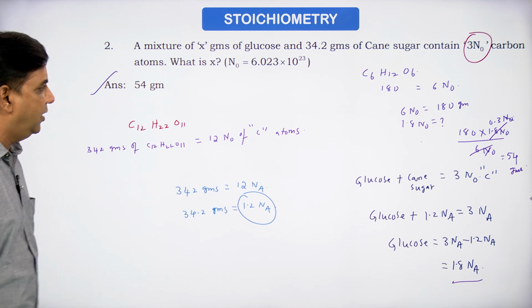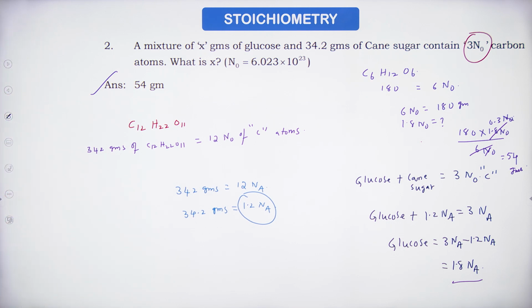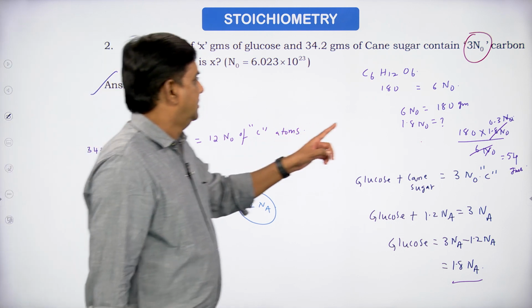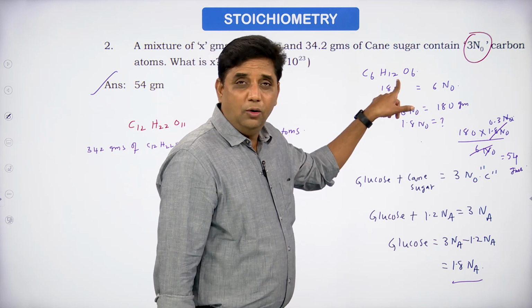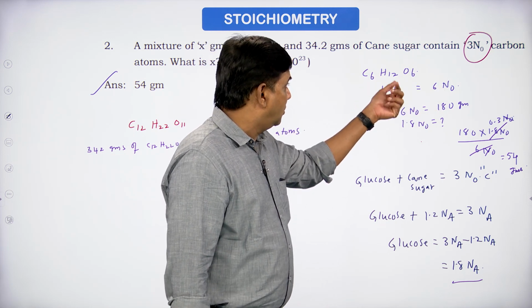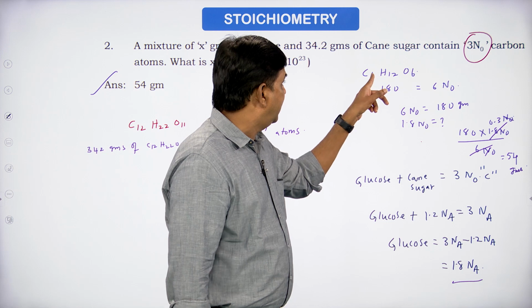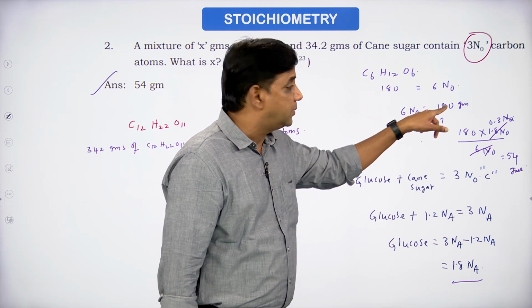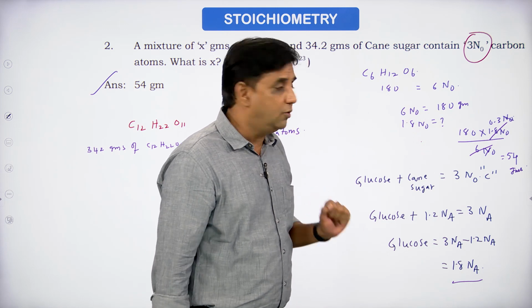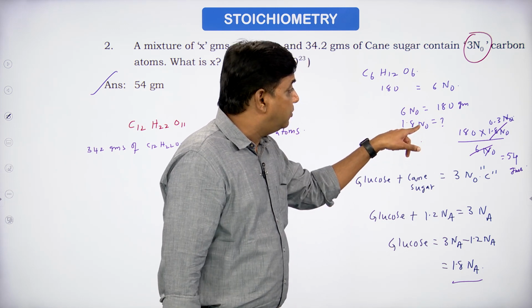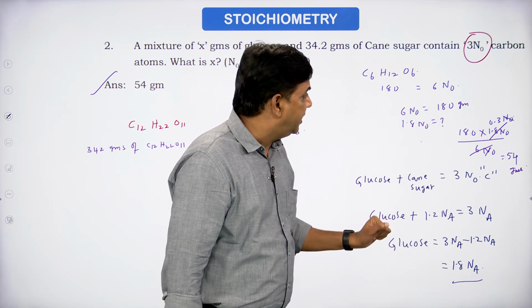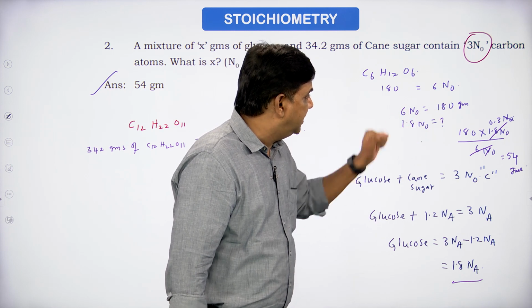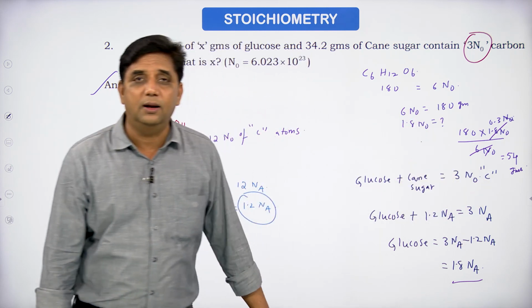Write down very carefully. And after knowing that, glucose molecular weight is 180 grams. 180 grams contains 6 moles of carbon atoms. That means 6 moles of carbon atoms are present in 180 grams of glucose. Therefore, 1.8 moles of carbon atoms is present in how many grams? This into this divided by this, if you do this, you will get 54 grams.